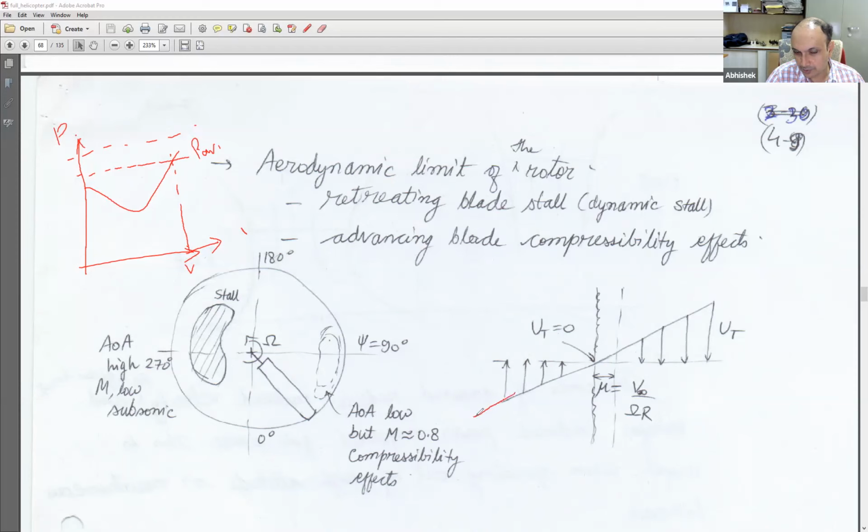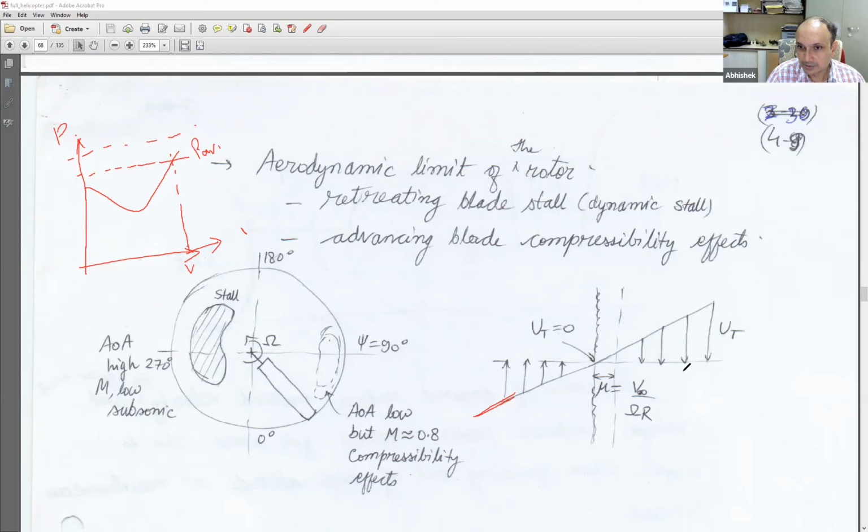This particular line represents how velocity is encountered by a helicopter rotor at different points. This is the advancing side.